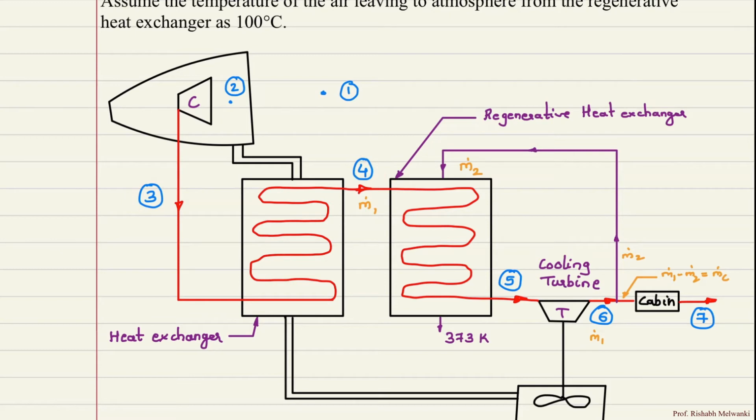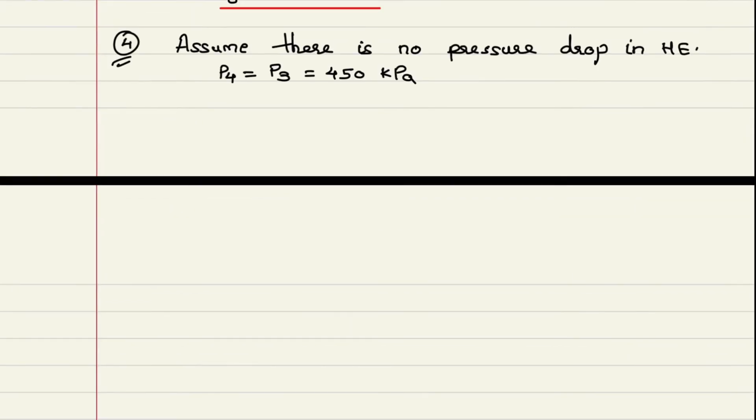So T3 minus T4 divided by maximum temperature drop. This point 2 air is cooling this point 3, so the maximum temperature drop will be T3 going down to T2. So T3 minus T2. So effectiveness is equal to T3 minus T4 divided by T3 minus T2.